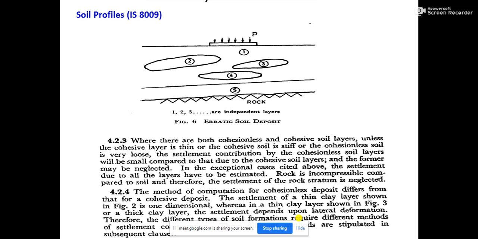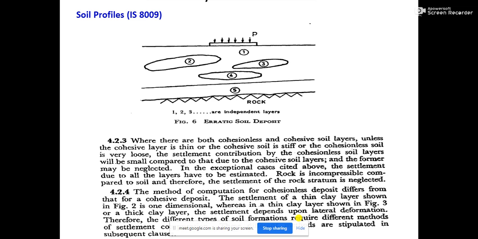What is it saying? Suppose there is a sandwiched clay layer between two cohesionless soil layers, and if the thickness of the clay layer is very thin and the granular soil layers are very loose, in such a case you will have to concentrate more on calculating the immediate settlement of the cohesionless soil layers.